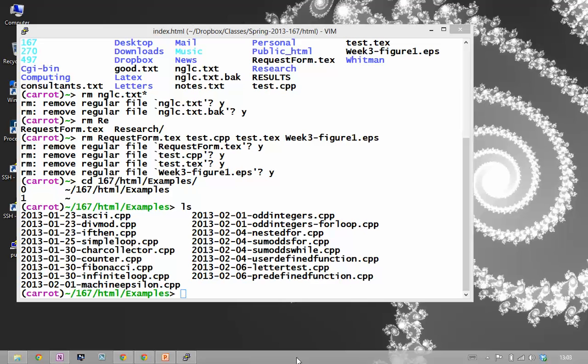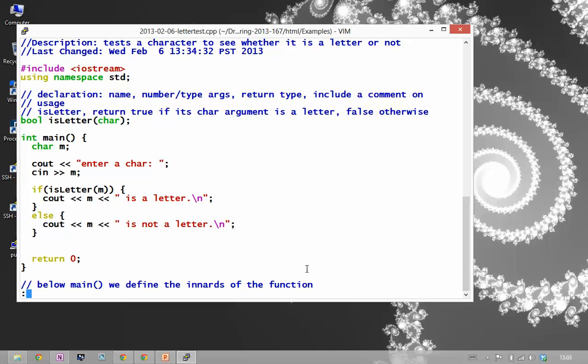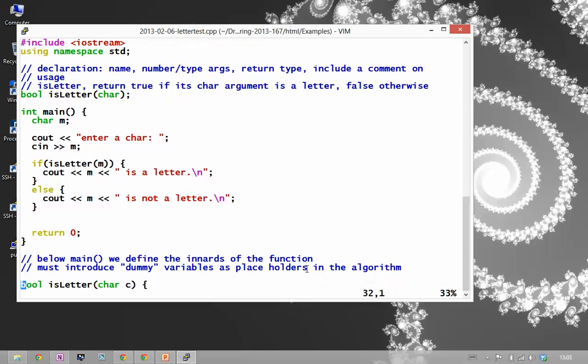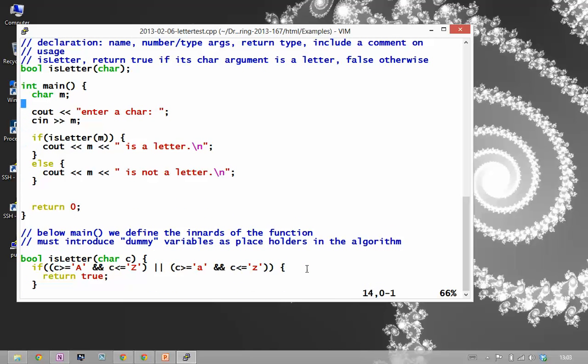So without further ado, I want to remind you of the function that we wrote last time, the letter test function, and really just the anatomy of building your own function. There is the declaration at the top, and this is really just syntactical.